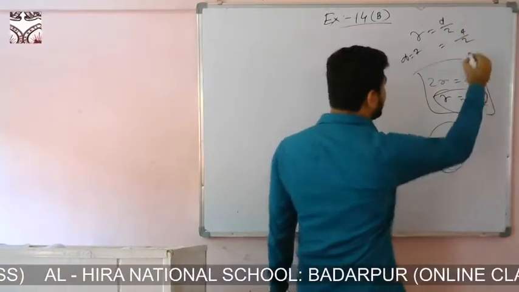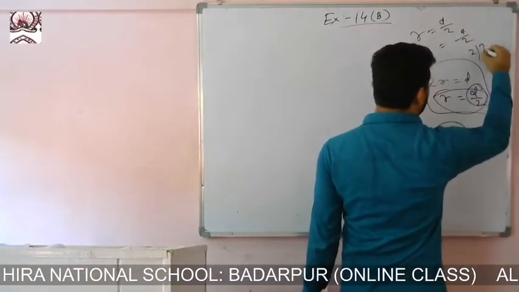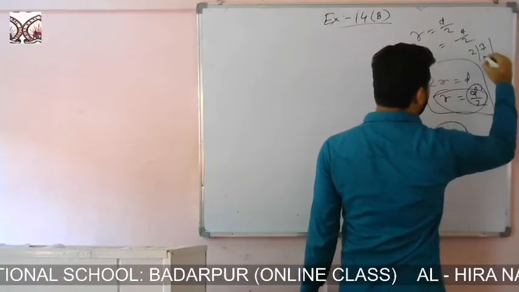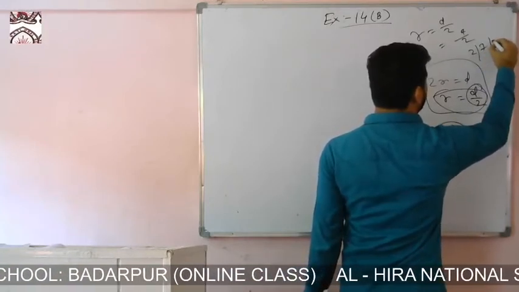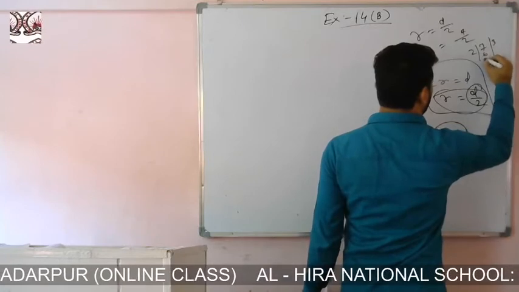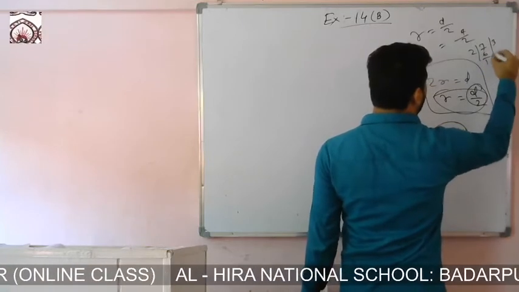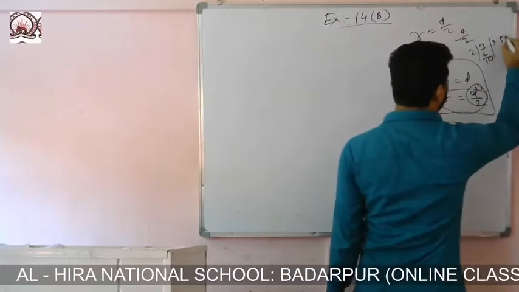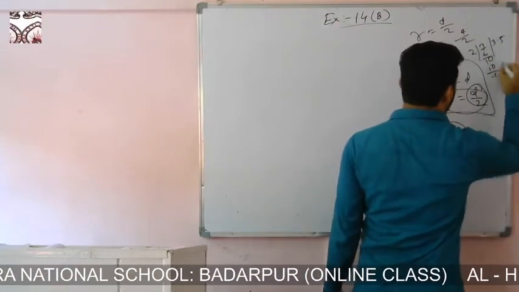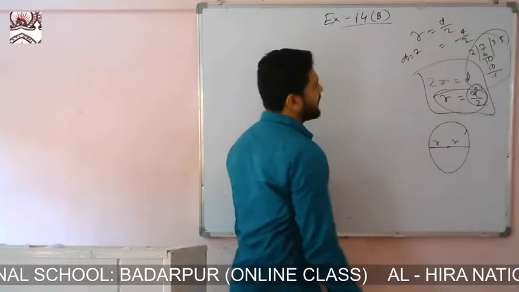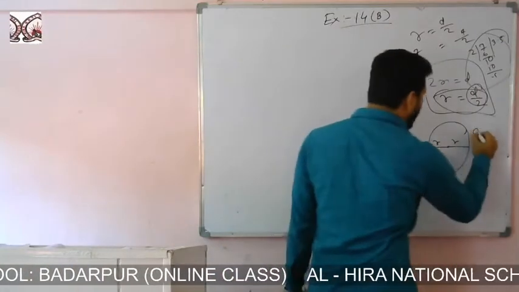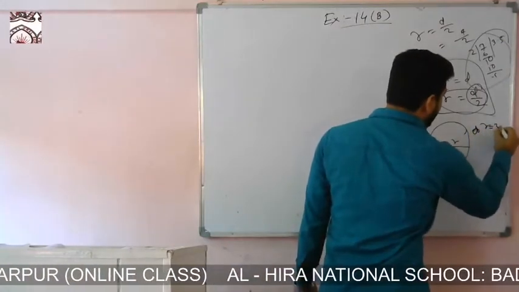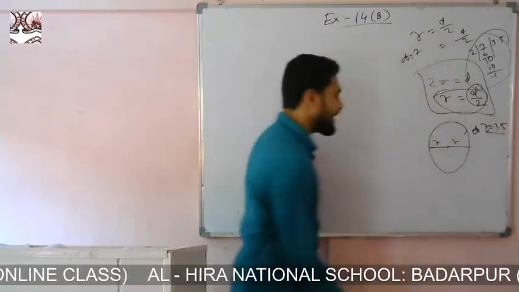Divide 7 by 2: 2 3s are 6, 1 remaining, so put a point and take 1 0, then 5 2s are 10. So radius will be 3.5.